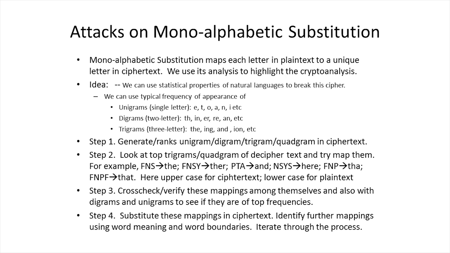Even though we do not know the exact mapping function, we know that most natural languages have statistical properties based on their alphabets.